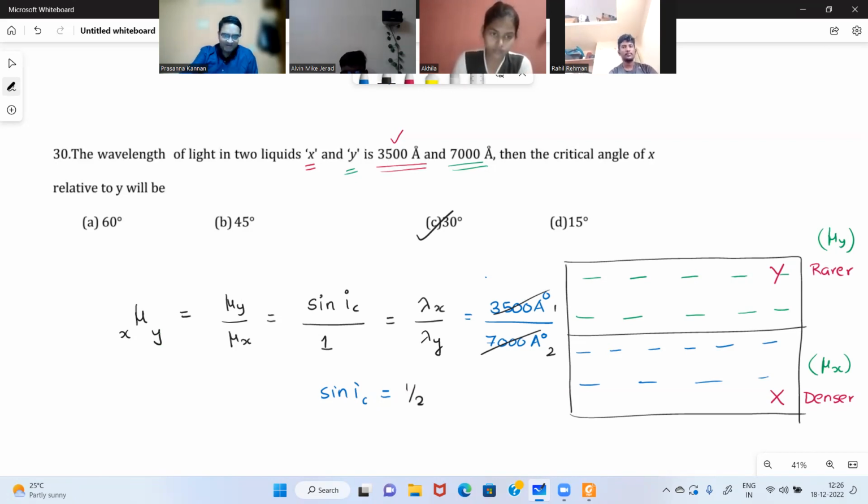So far they were giving the refractive index directly. This time they have given wavelength. Is it clear? Yes, sir. If you want to note down anything, you can note it down.